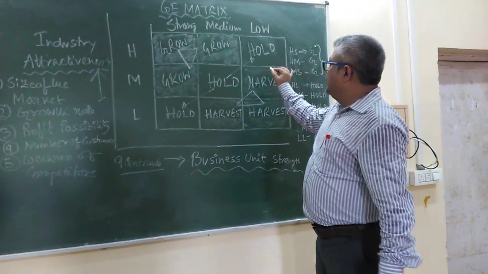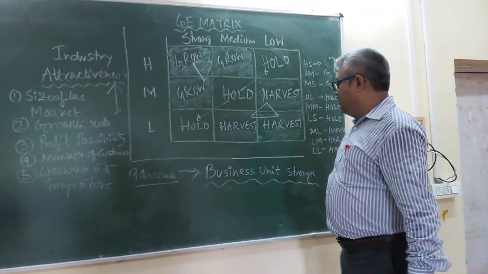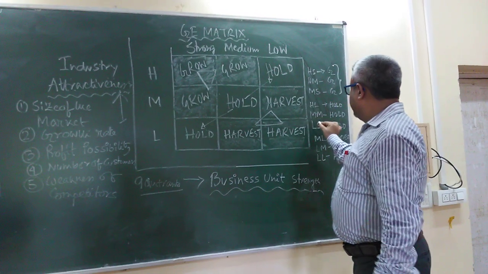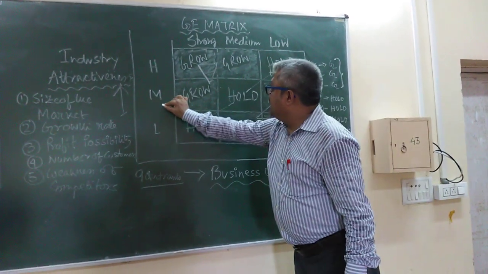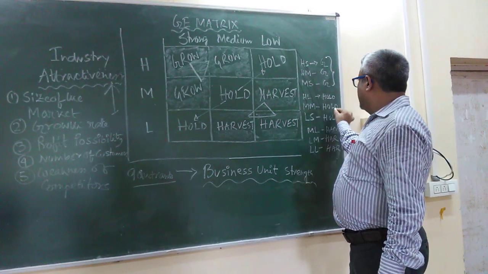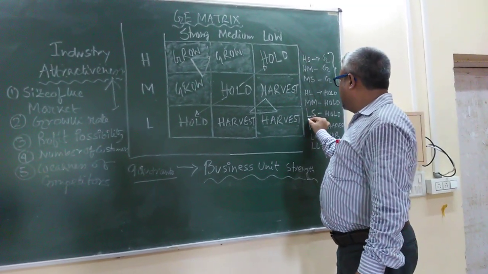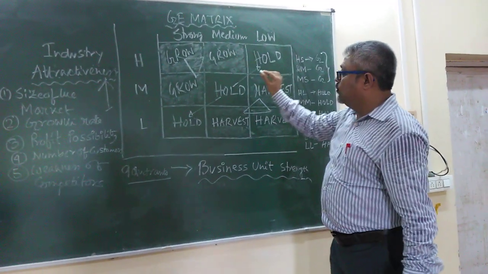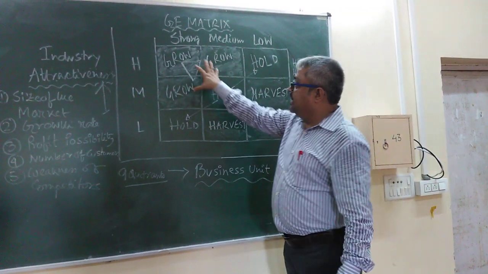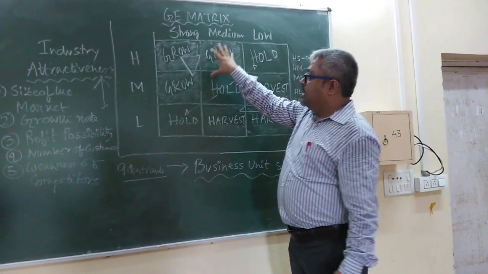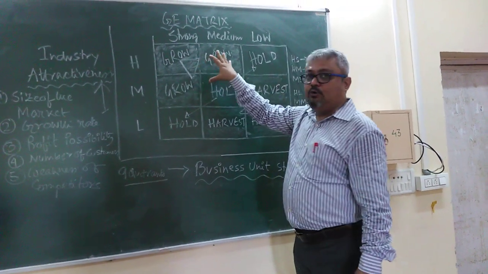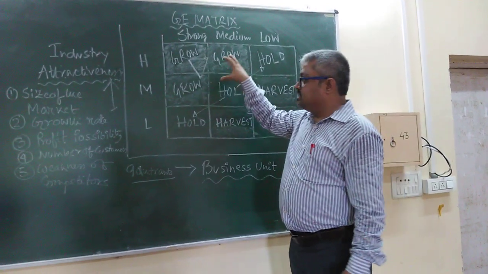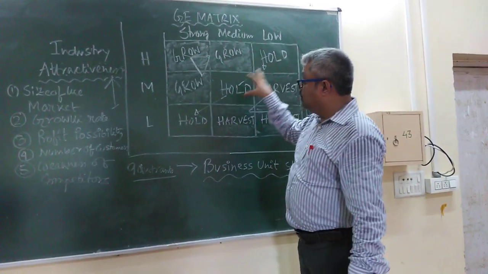Similarly, if you think of high industry attractiveness but low business unit strength, and similarly medium and medium, you have to hold. So this is the line where you have to hold the business. That means you invest in this particular market where you are growing. You have the opportunity to grow further. You have the future ability to snatch away from the competitors' pie. So you hold here also.